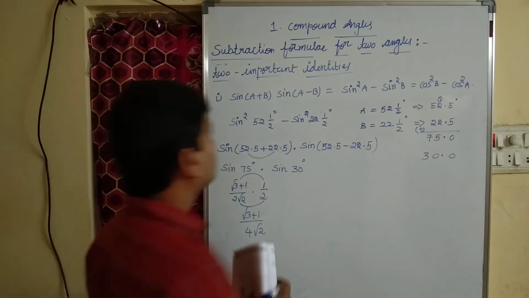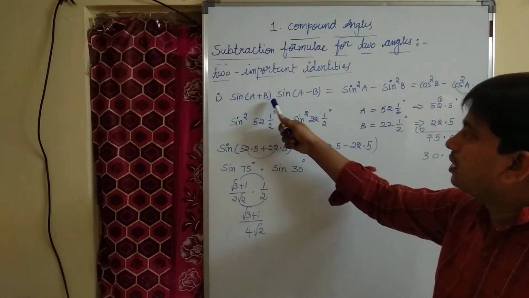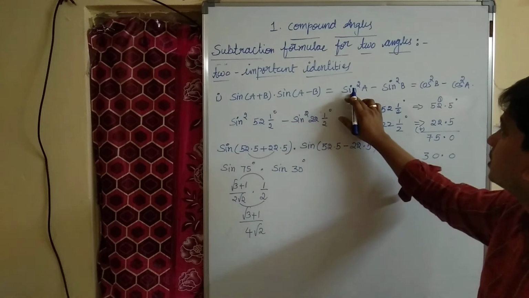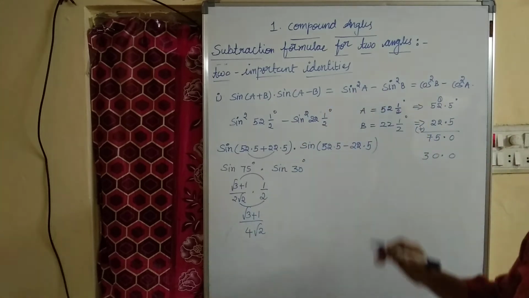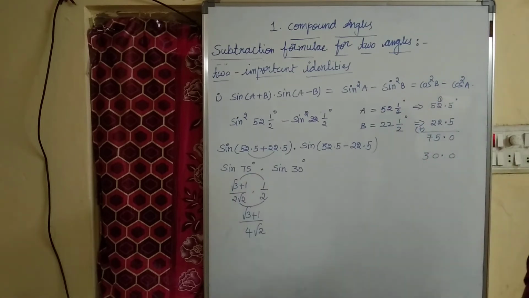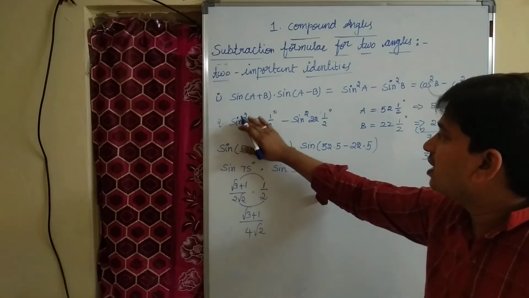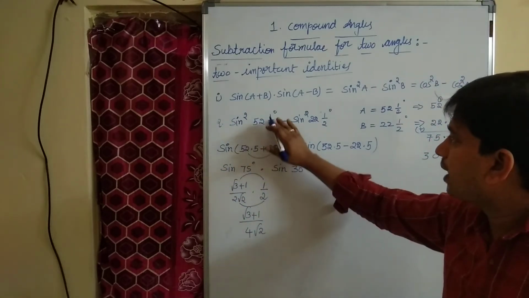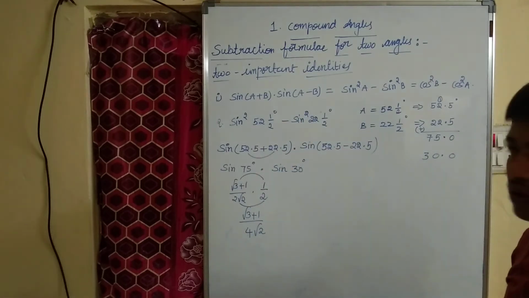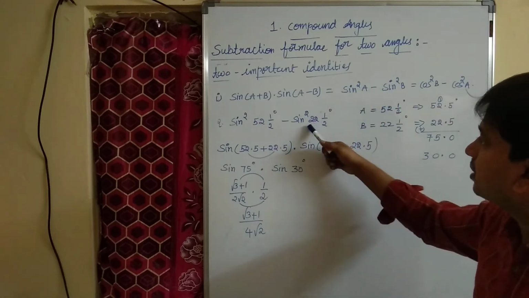Is it clear, children? The first identity is sin (a plus b) into sin (a minus b), equal to sin square a minus sin square b, or else we can use cos square b minus cos square a. Here the given question is to find the value of sin square 52 and half degrees minus sin square 22 and half degrees, which is in the form of sin square a minus sin square b.